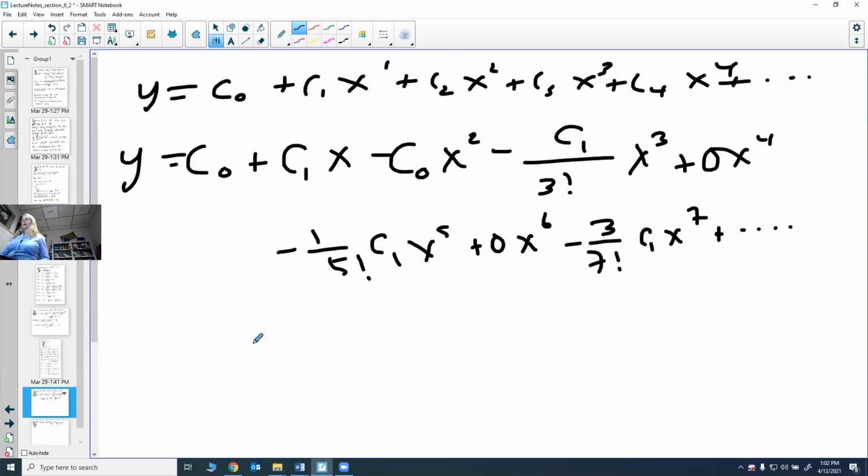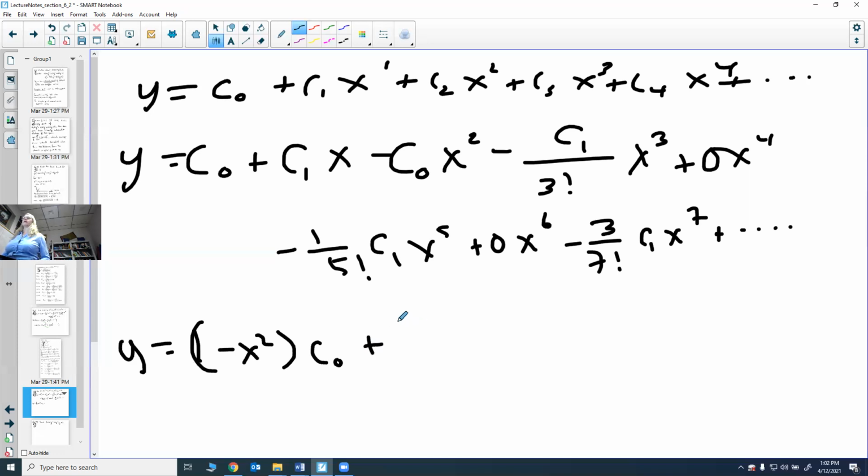Putting together the terms, we notice we happen to have a C0 all by itself. We notice we have a C1 and a bunch of other terms. Oh, wait, we have two C0s. We have a C0 and another C0. So we pull that C0 out. We have 1 minus x squared times C0, and no other terms had a C0 in them. The rest of them have a C1.